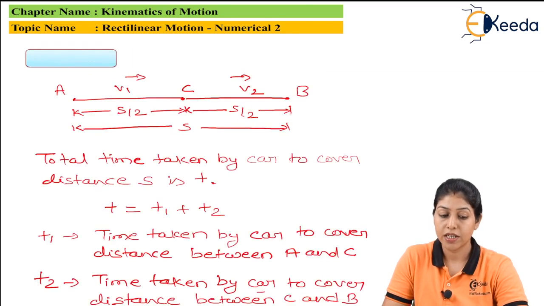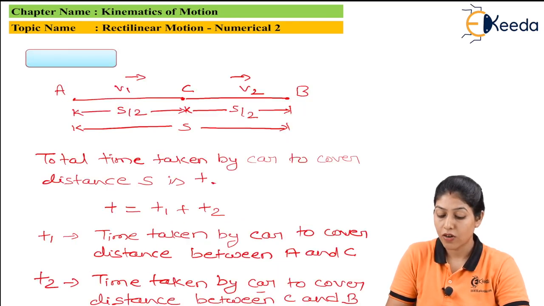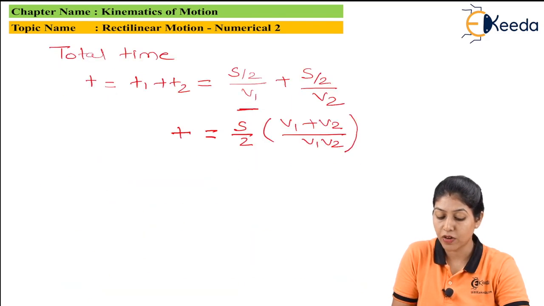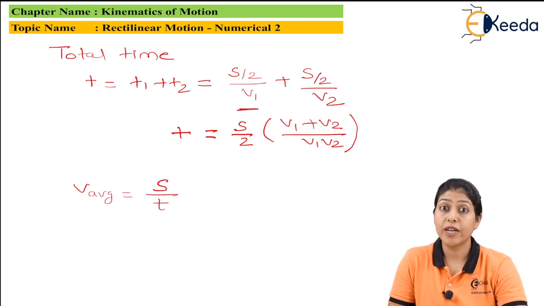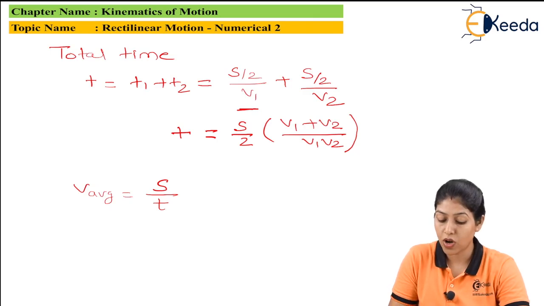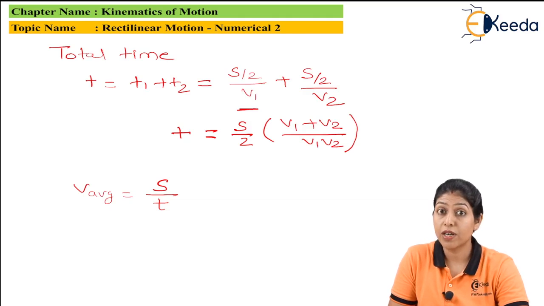Here we have to determine the average speed of the car, so we can apply the formula of speed in terms of time. The average speed is always equal to S by T: the total distance traveled by the car divided by the total time taken.